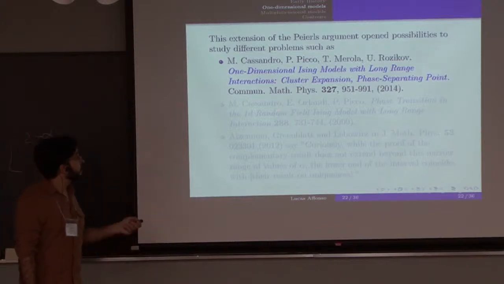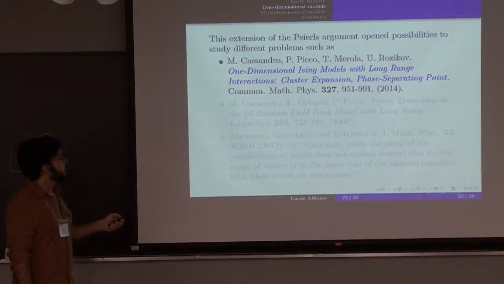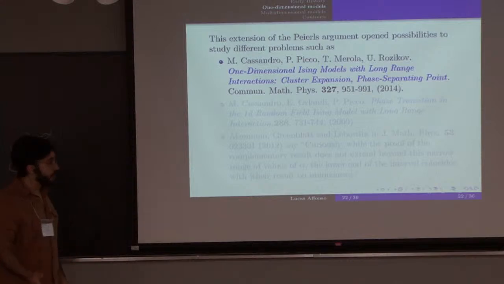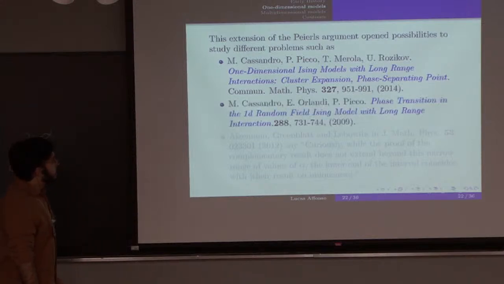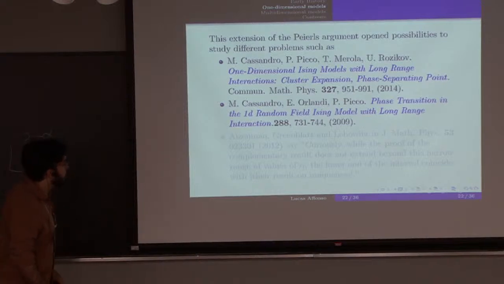For instance, I will just cite a few, they studied this problem. They studied the cluster expansion and also the distribution of the phase separation point. And they also could prove phase transition in the Ising model with a random field.